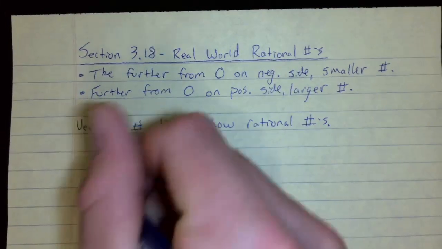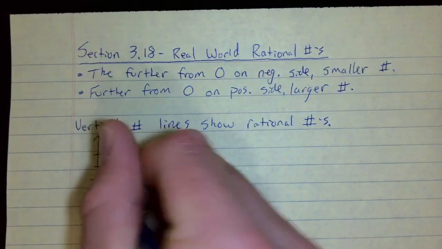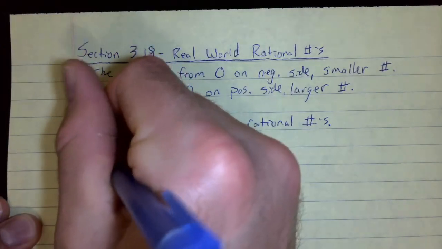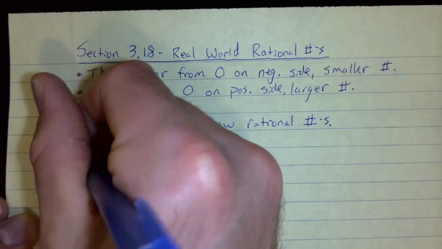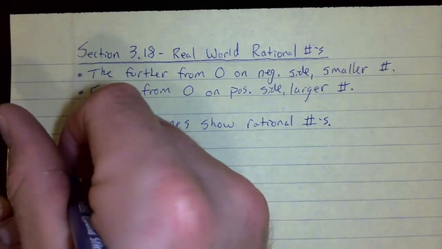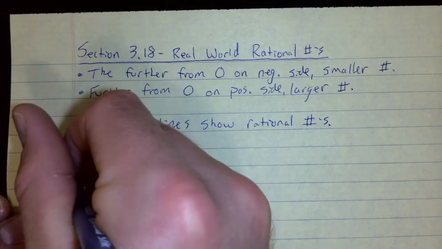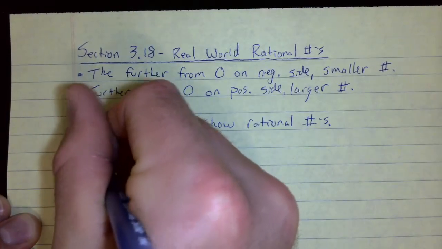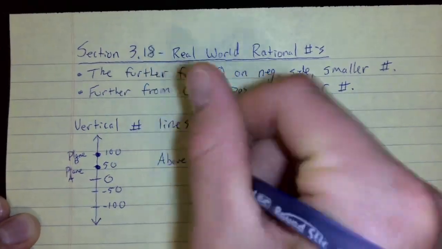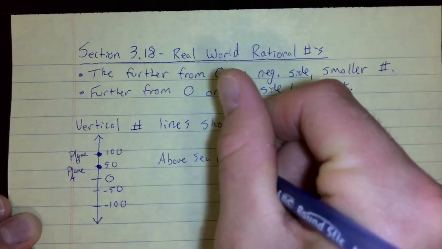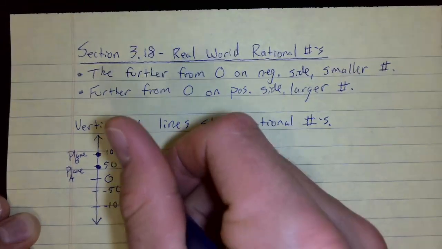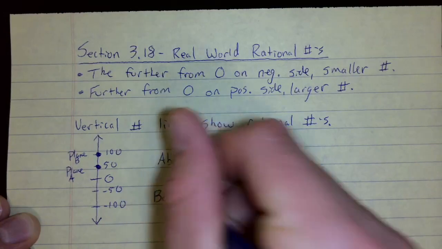Negative 50 feet, negative 100 feet. Plane B flies at 100 feet, and plane A flies at 50. On this number line, above 0 is above sea level. 0 feet means sea level.